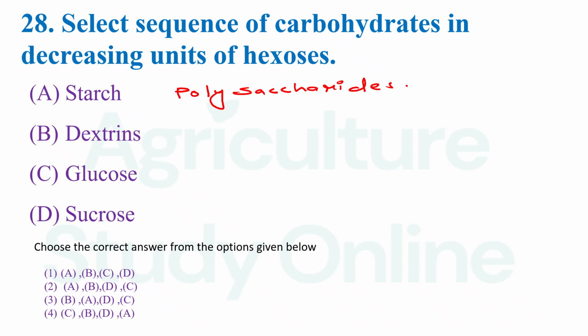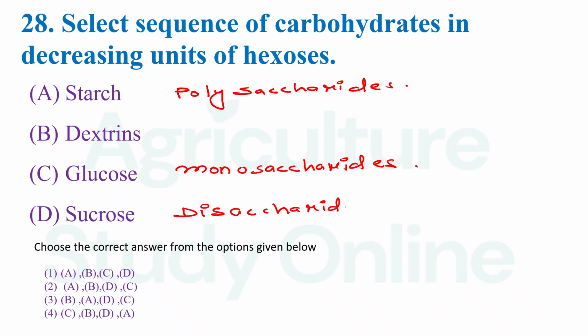Glucose is a monosaccharide, only single glucose unit. And sucrose, it's a disaccharide. So our correct option should be, first it should be A, B, then D, and then C. Option number 2 is our correct option.